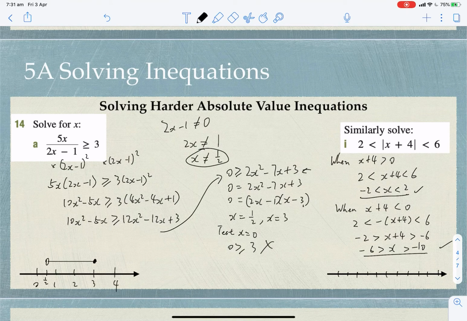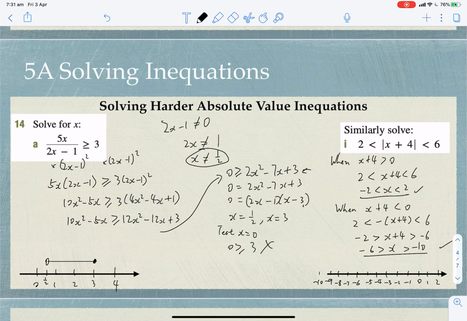So let's do 0 here, 1, 2, then negative 1, negative 2, negative 3, negative 4, negative 5, negative 6, negative 7, negative 8, negative 9, and negative 10.